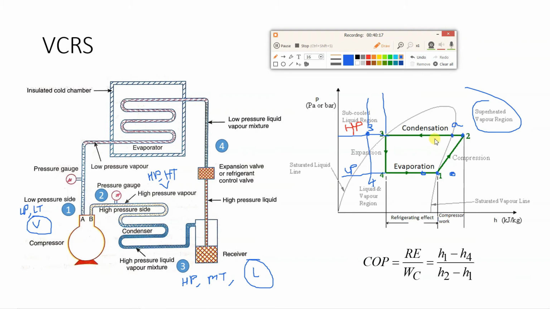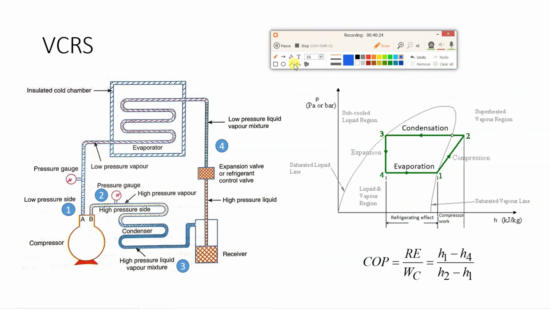So condenser, basically it is divided into 3 parts. Okay, I'll show that again. Suppose condensation, we go in subcooled region. Okay, suppose cycle is like this. So from 2 to this point, it will be de-superheating of vapor.